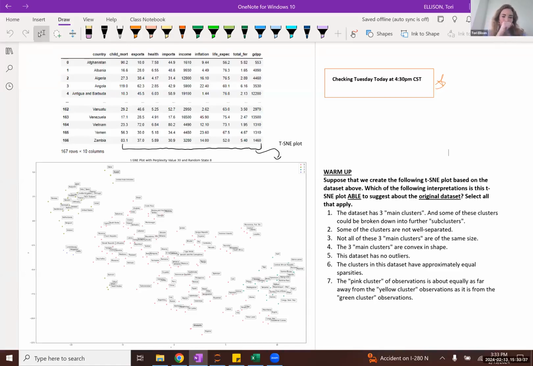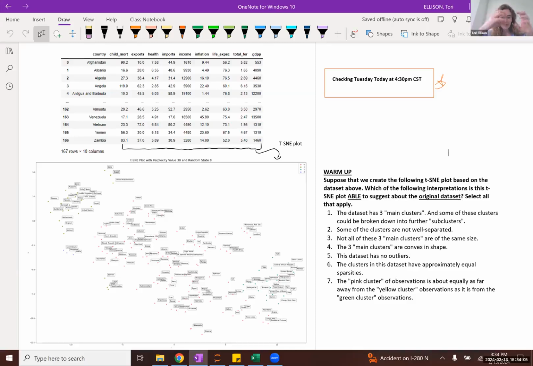So again, the key thing that we want to remember is that the t-SNE algorithm is not actually a clustering algorithm. It should not be used as such. It's a dimensionality reduction algorithm that preserves some aspects of the clustering structure. And it essentially should be used as an aid to help build corroborating evidence that the clusters that you found with actual clustering algorithms, like k-means, are in fact meaningful.